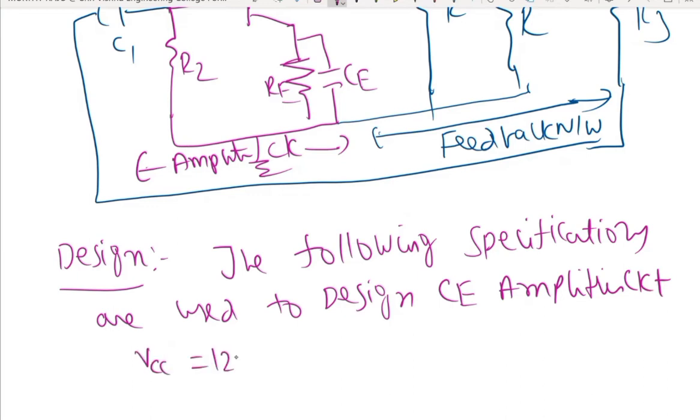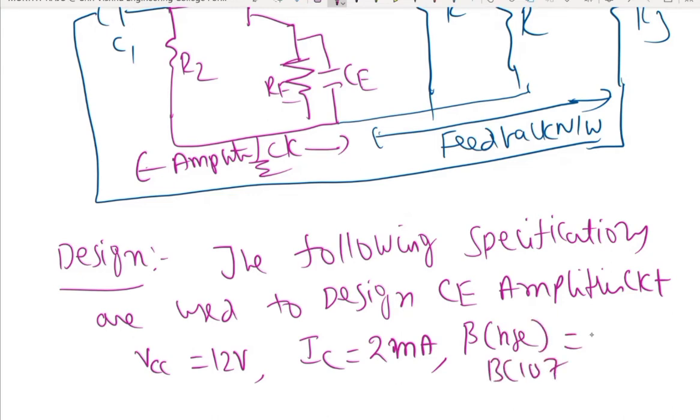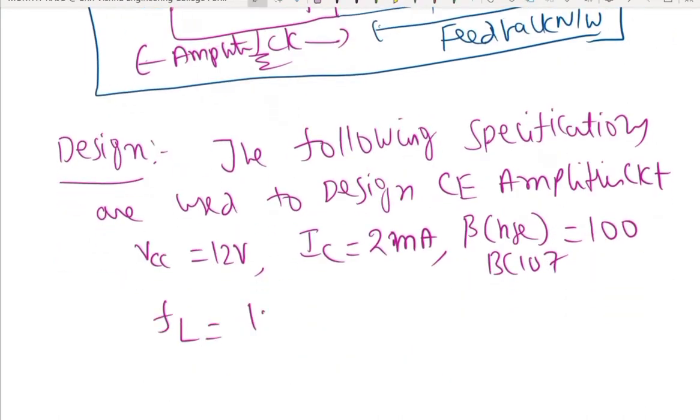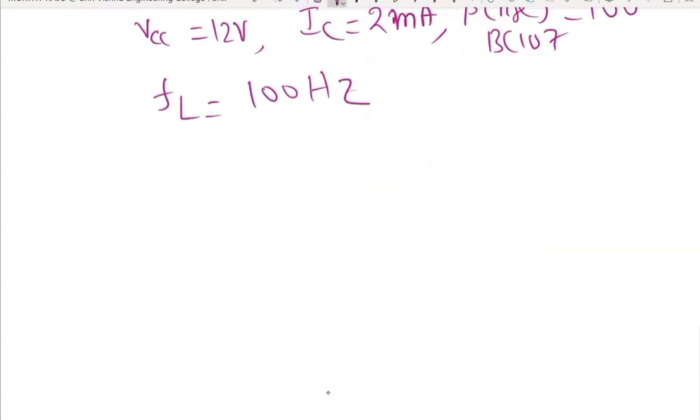VCC is equal to 12 volts. IC is equal to 2 milliamperes. Beta of the transistor, or hFE of BC107 transistor, is 100 minimum value. FL is equal to 100 Hz. These are the specifications which are used to design a CE amplifier circuit.